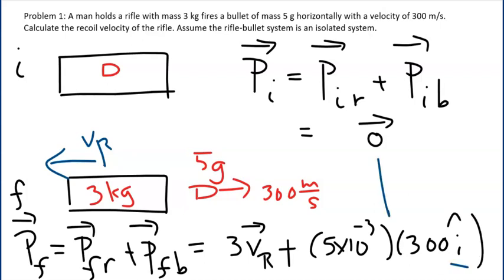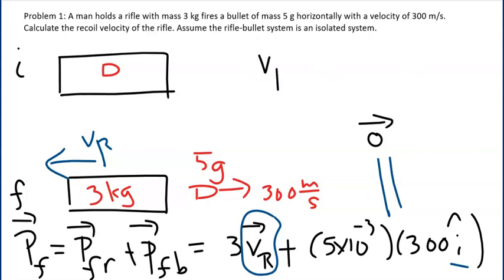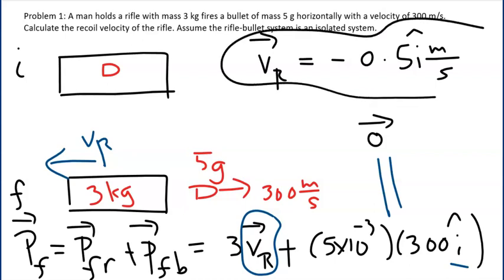Now when you equate the momentum before and momentum after, you can solve for the only unknown, which is the velocity of the rifle. And that will give you Vr as minus 0.5 meter per second in the direction of minus i hat. So the rifle will recoil backward or leftward with a speed of 0.5 meter per second. And that solves the problem.